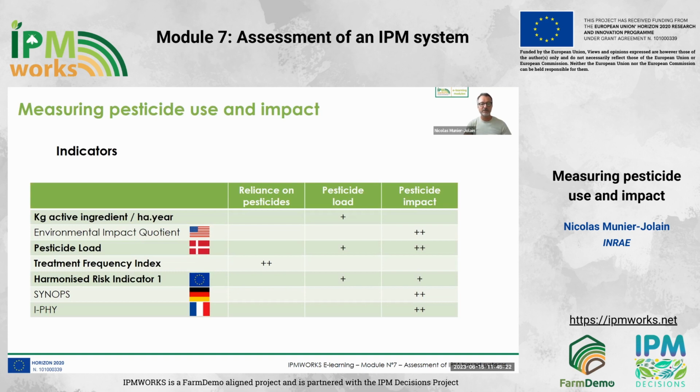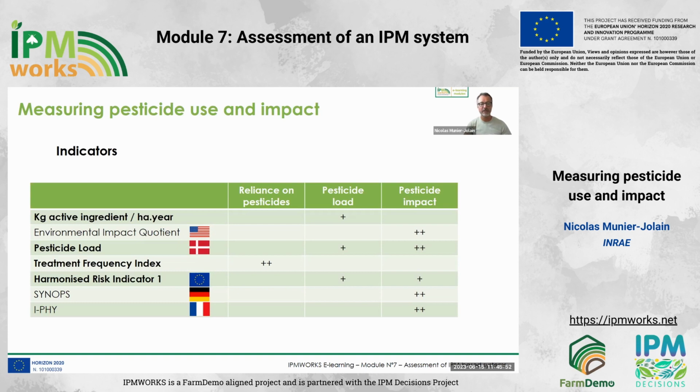We have the environmental impact quotient, which was developed in the US some years ago to measure the impact of pesticides. We have the Danish pesticide load, which is measuring both pesticide load and pesticide impact. We have the treatment frequency index, which is typically an indicator of the reliance on pesticides.